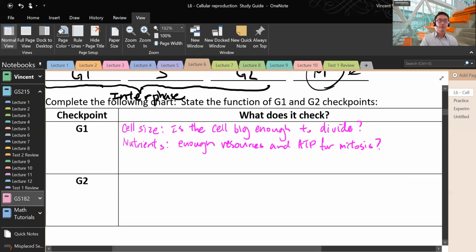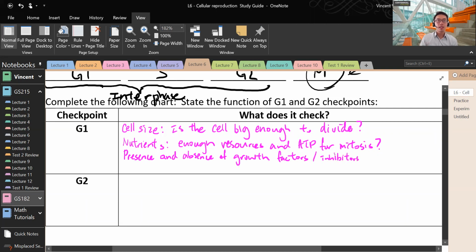No? All right. We want to check for presence and perhaps absence of growth factors or inhibitors.